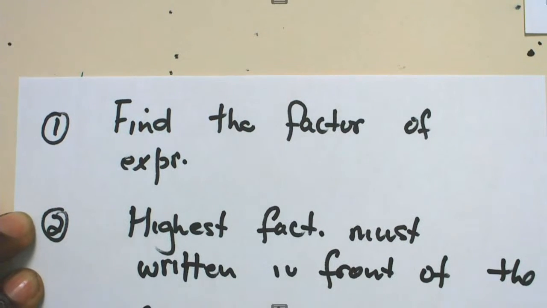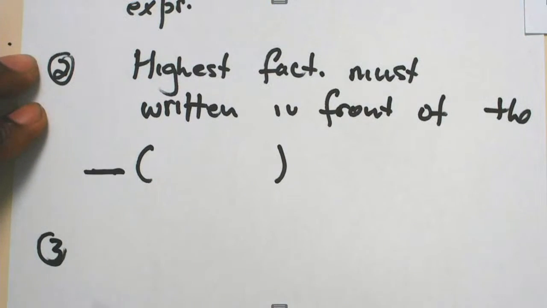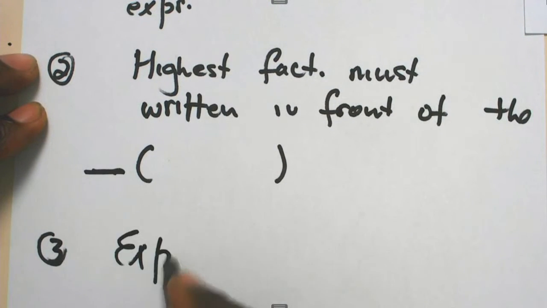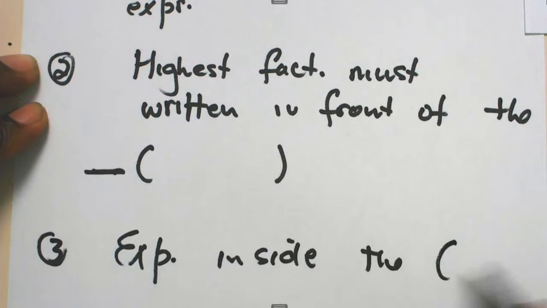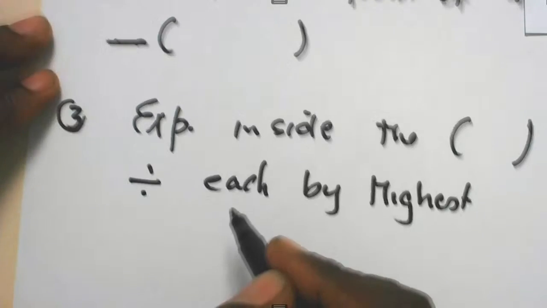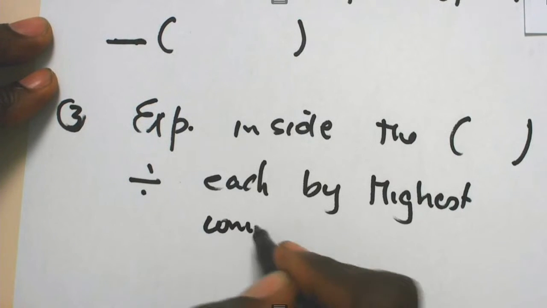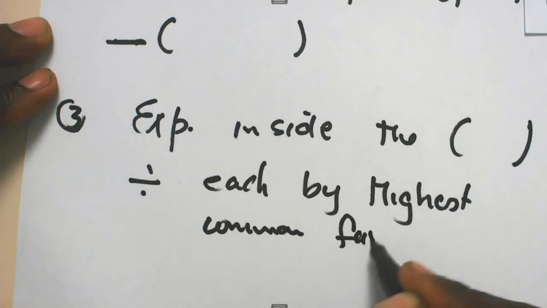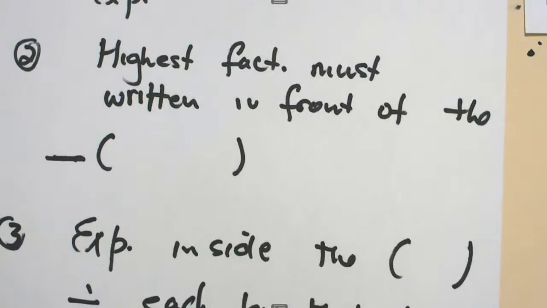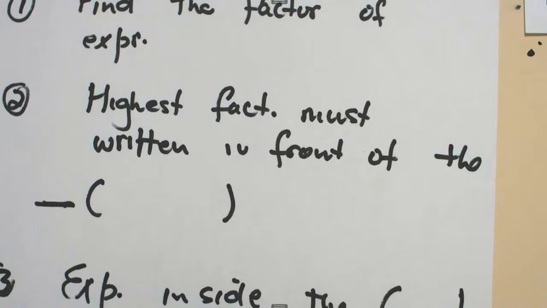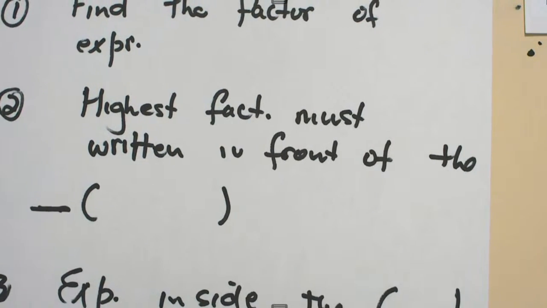And then number 3, to find the expression inside the bracket, you divide each term by the highest common factor. This is what you should remember every time you have to factorize by taking out a common factor.